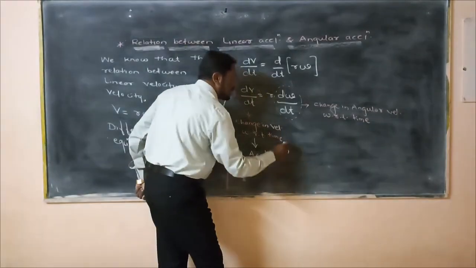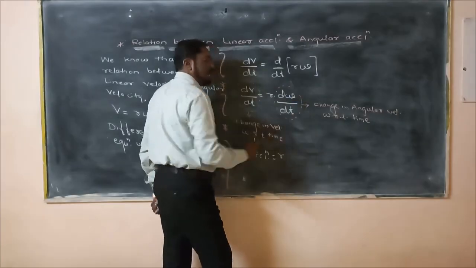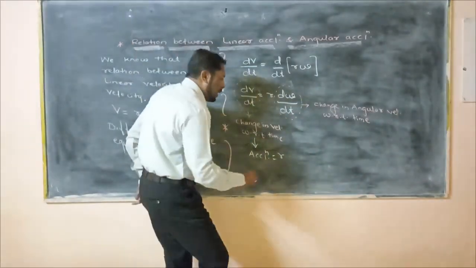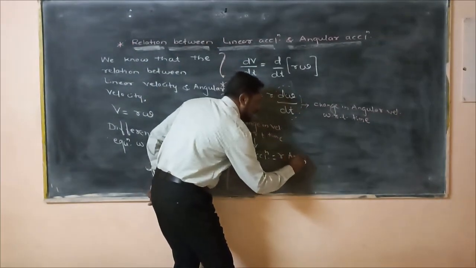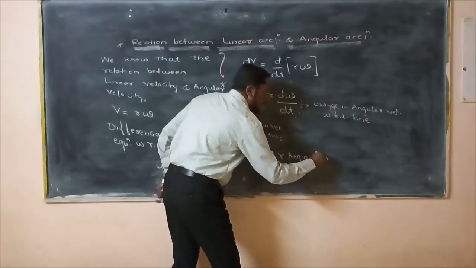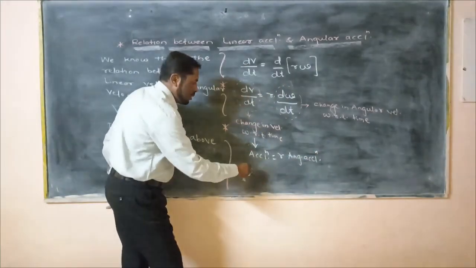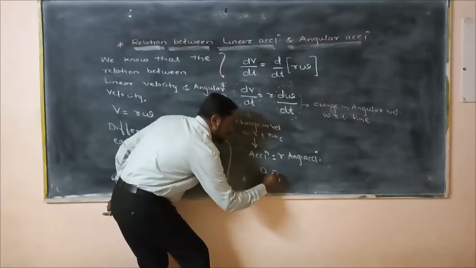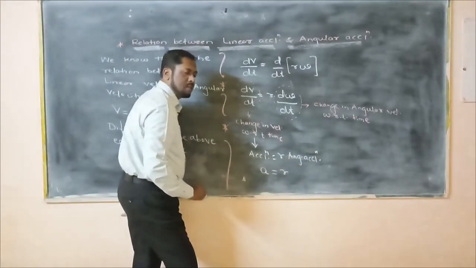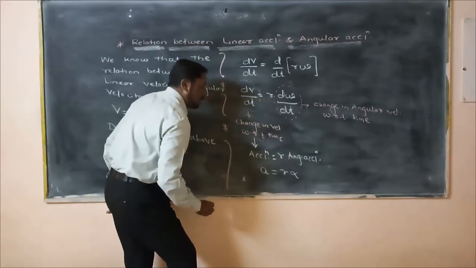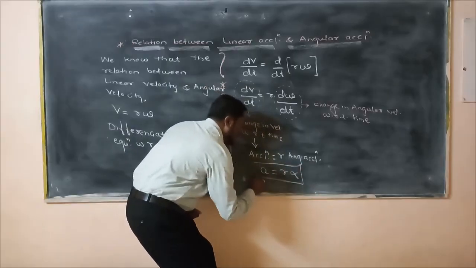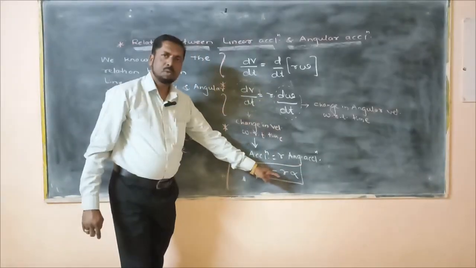Radius factor as it is. What do we understand by change in angular velocity with respect to time? It is called angular acceleration. Acceleration is denoted by a, so a is equal to r. Angular acceleration is denoted by alpha. So what we get: a is equal to r alpha.